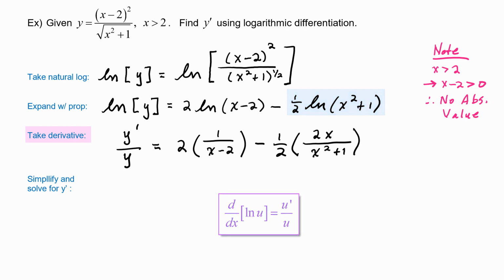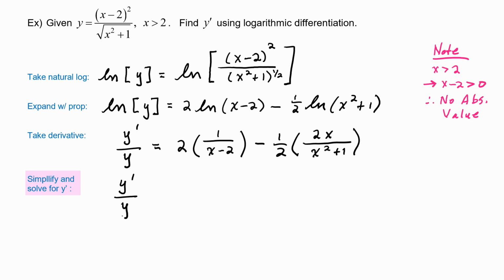Let's begin to simplify. We have y prime over y on the left-hand side. This first term is 2 over x minus 2 minus, in this second term, the 2 here cancels with the 2 here, so we have x over x squared plus 1. And we know that we're going to have to get the LCD.